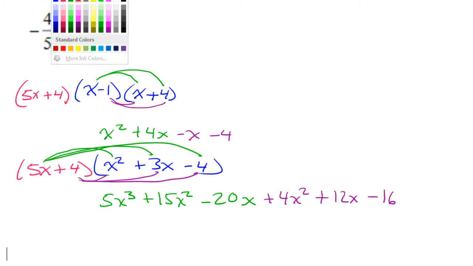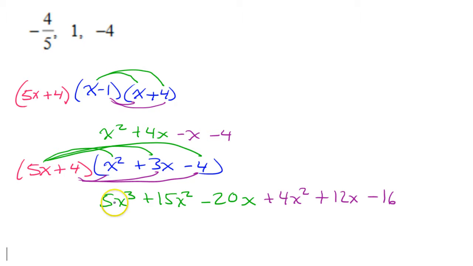Now let's just combine any like terms that we have. So we will have 5x to the third power, nothing to combine that with. Let's move on down to the x squared term. 15 plus 4 is 19, so I will have 19x squared. Now negative 20x plus 12x, that is negative 8x.